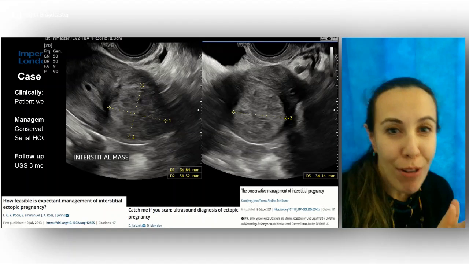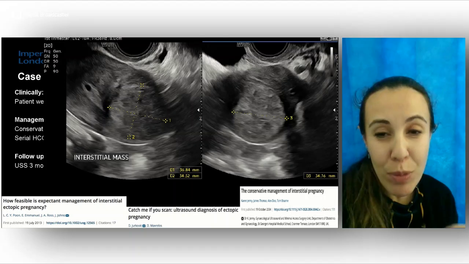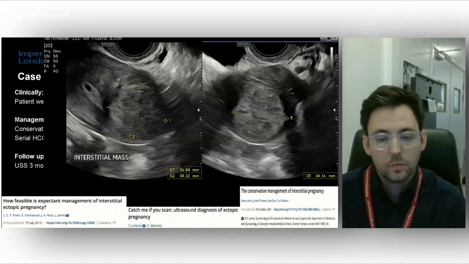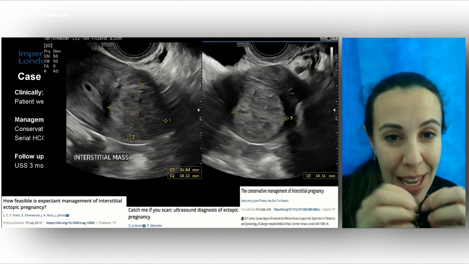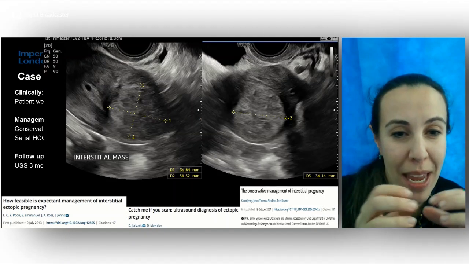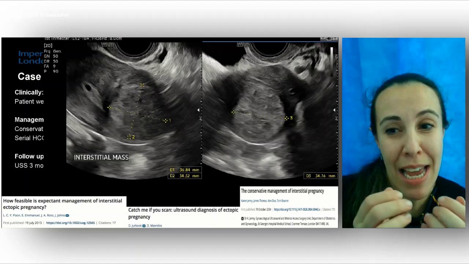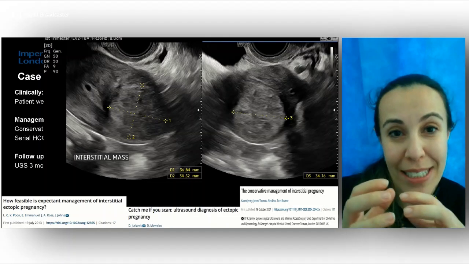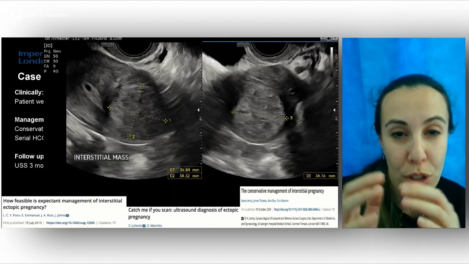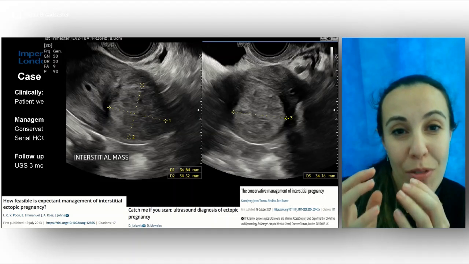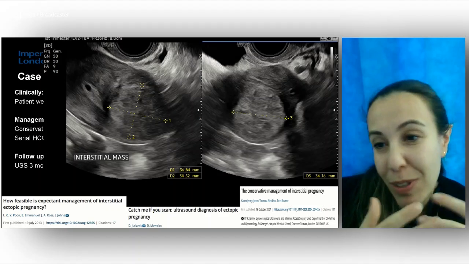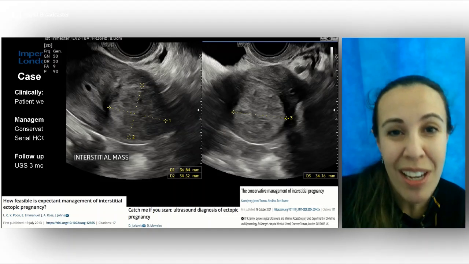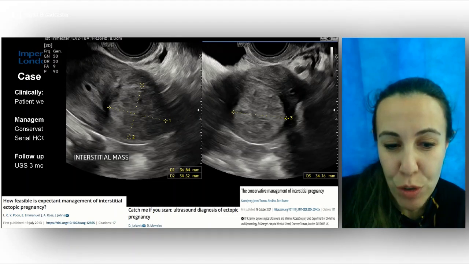may be preferable. But the problem with surgery in pregnancies is that you're doing a cornuostomy, so whether that be a laparoscopic or a laparotomy, to excise the interstitial pregnancy mass from the interstitial portion of the tube, you have to remove some of the uterine cornua. And that can be very damaging to the uterus, with a risk of hysterectomy and, of course, risks in future pregnancy like uterine rupture.